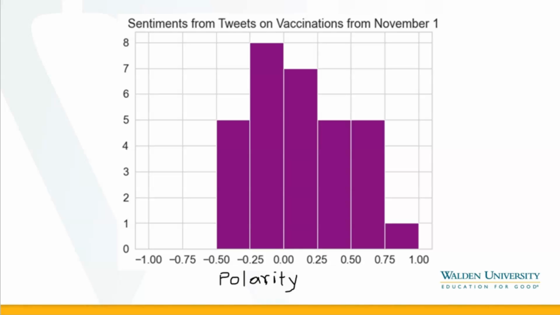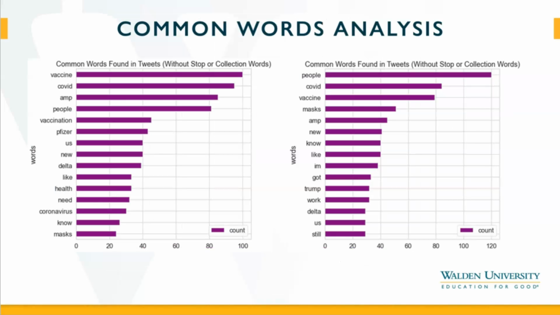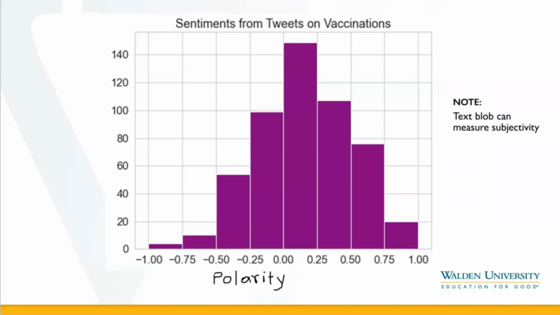As you can see, when we were looking at vaccinations from November 1, there was a lot of positive hope. But when we restricted it to more recent data, the polarity actually became more extreme. The sentiment was all across the board, from 1 to -1. So a society more polarized.